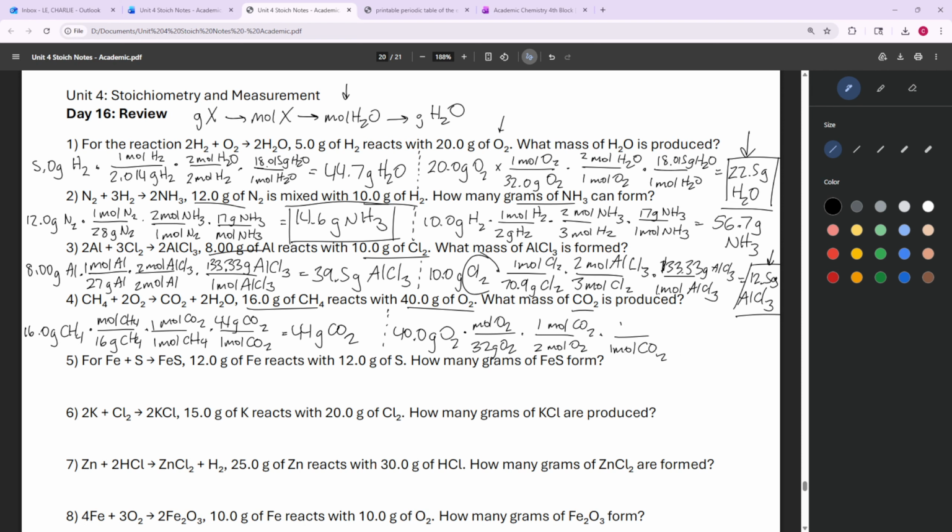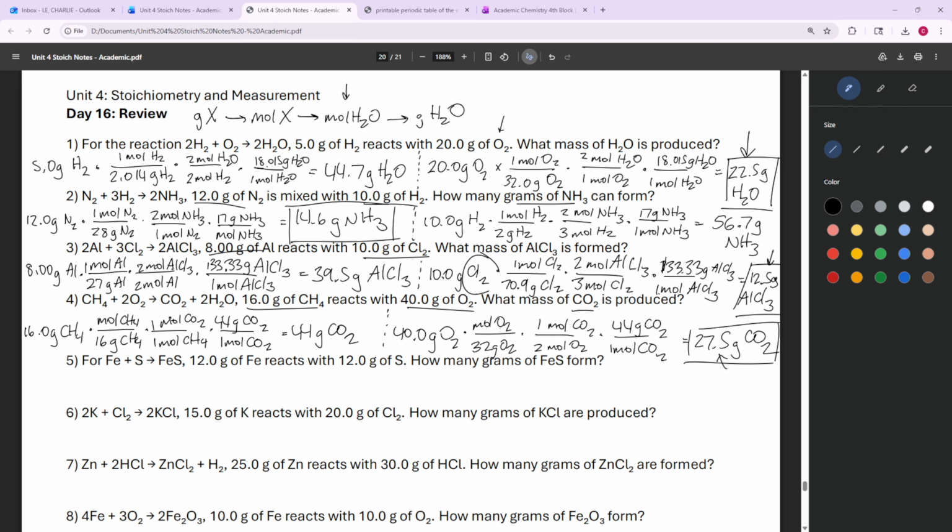So 1 mole of CO2 is 44 grams of CO2. 40 divided by 32 times 1 divided by 2 times 44. That'll be 27.5 grams of CO2. I believe that is our limiting reactant, right? Oxygen is our limiting factor, so we can only make 27.5 grams of CO2.